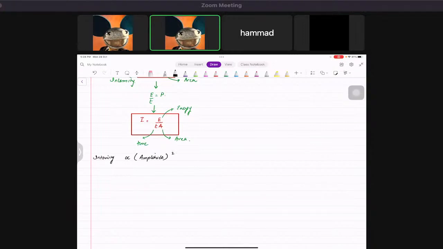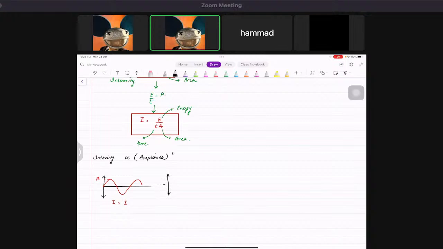What it means is that suppose you see a wave that has an amplitude A, and the intensity of this wave is I.